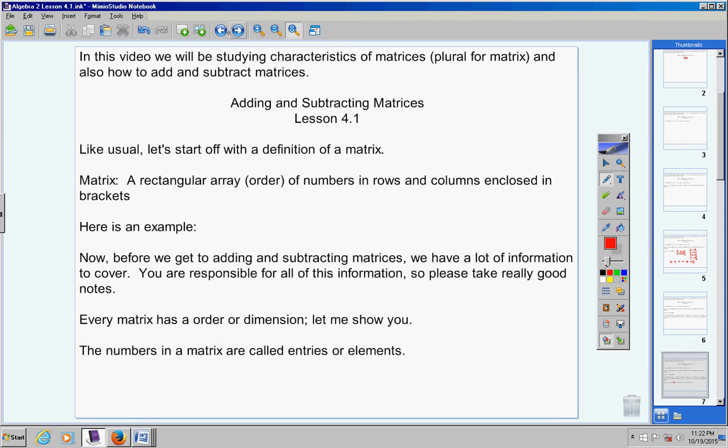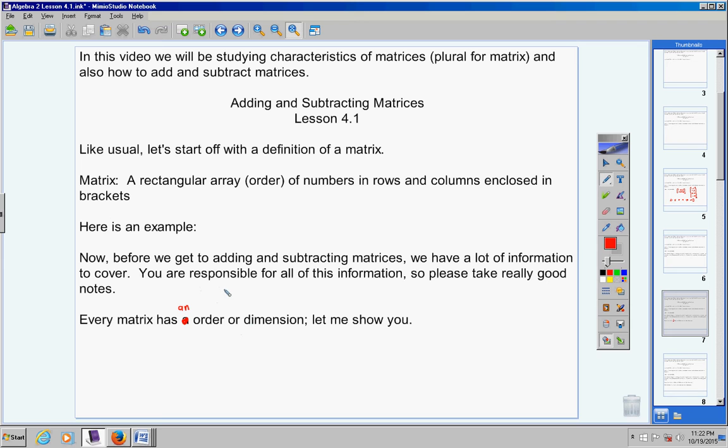Let me show you what I mean, okay? The words order and dimension can be used interchangeably when dealing with matrices, okay? So if I ask you on a test or quiz to find the order of a matrix or to find the dimension of a matrix, it's the exact same thing, okay?